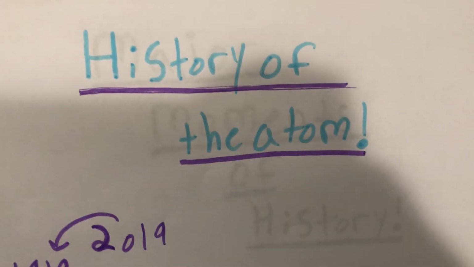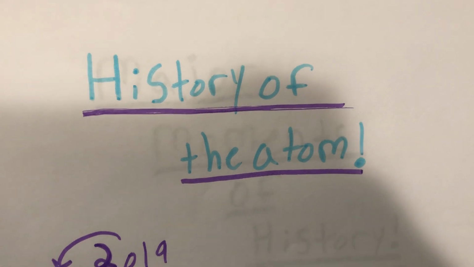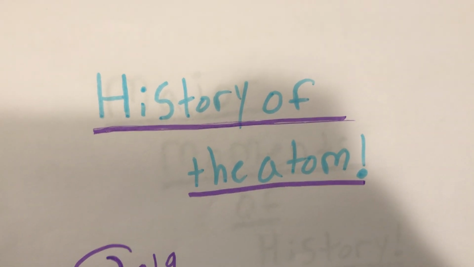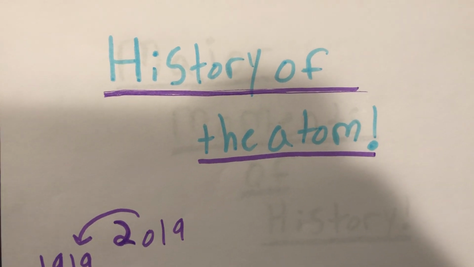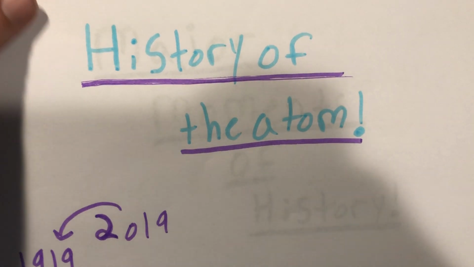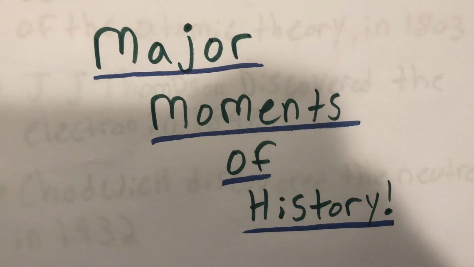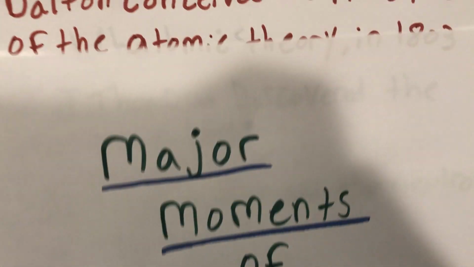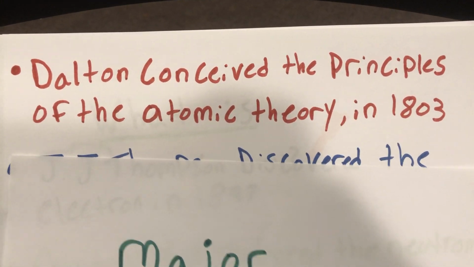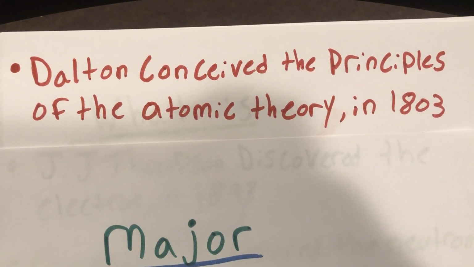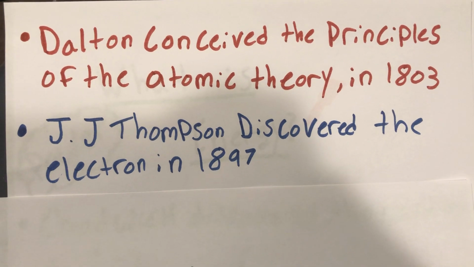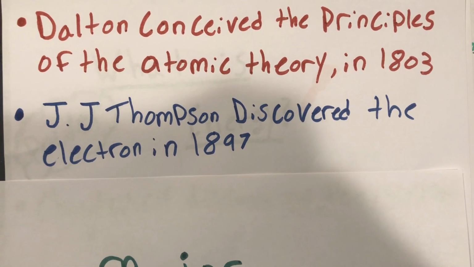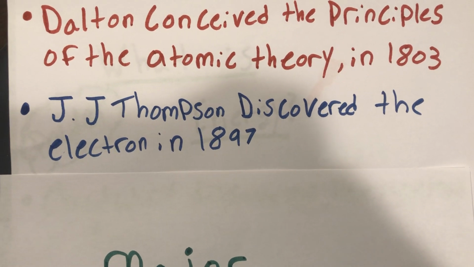So speaking of atoms, we're going to go right into the history. There are so many moments of an atom's history that we could cover, but we don't have that much time. So I'm going to hit some of the major moments. The first one was in 1803 when Dalton conceived the principles of the atomic theory. Next was J.J. Thomson when he discovered the electron in 1897.